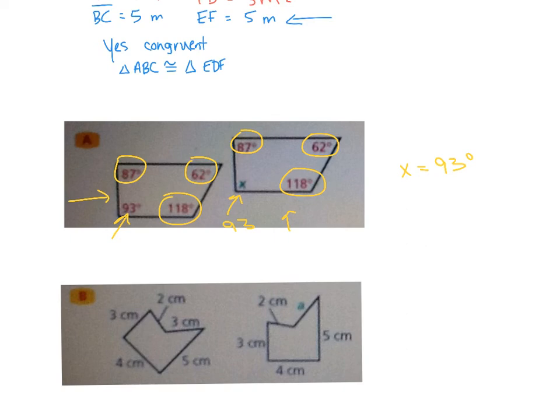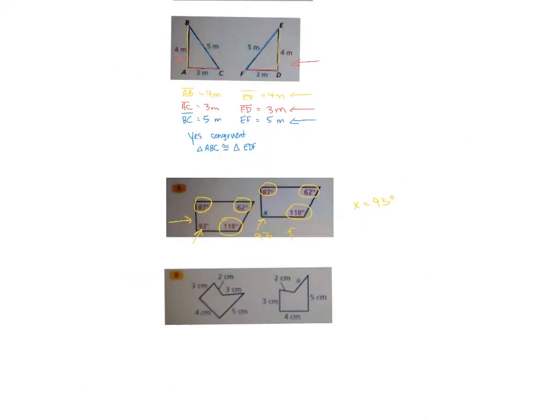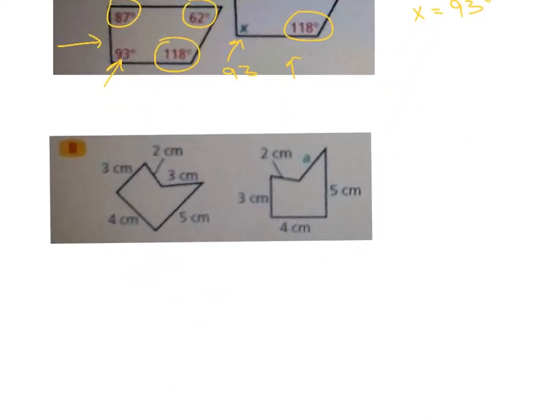Sometimes that shape won't look exactly like this. In the second example, this first shape is tilted and the second shape is just straight up and down. So sometimes you gotta be a little bit more careful when you're looking. So this side is 3 and this side is 3, and again in the directions it tells us they're congruent. So they're the same side lengths. This is 2 and this is 2.